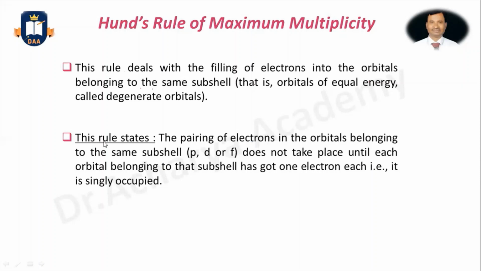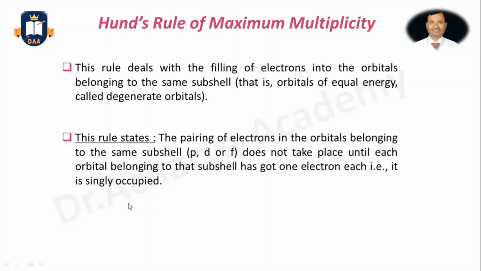This rule says that the pairing of electrons in orbitals belonging to the same subshell, that means p, d or f, does not take place until each orbital belonging to that subshell has got one electron each.